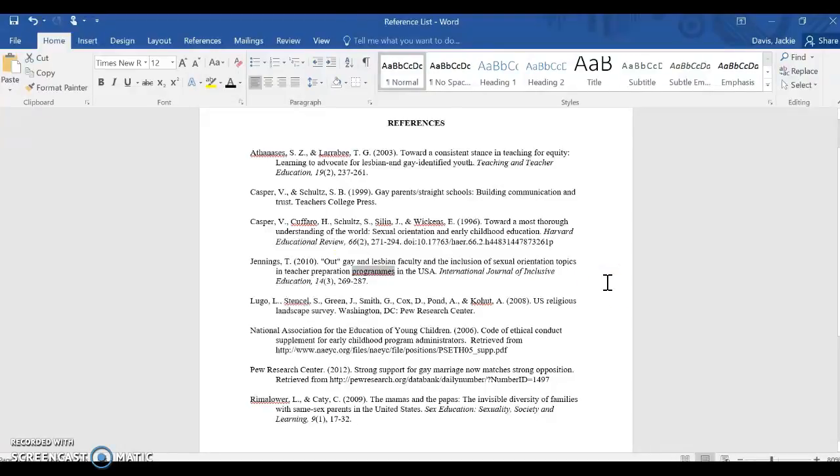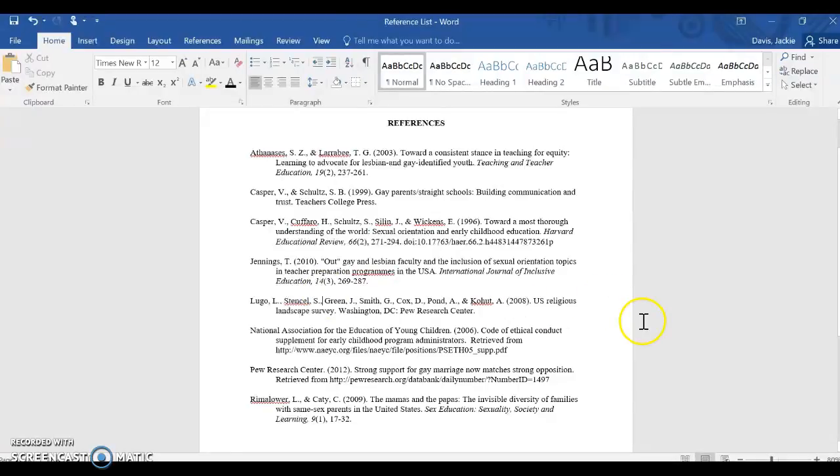This article was published in a journal in Australia, and the title had the Australian spelling for programs, so you want to copy it just like it was published. The name of the journal was the International Journal of Inclusive Education. Again, the journal name is followed by a comma, the volume number and the edition number, and then the page number range.